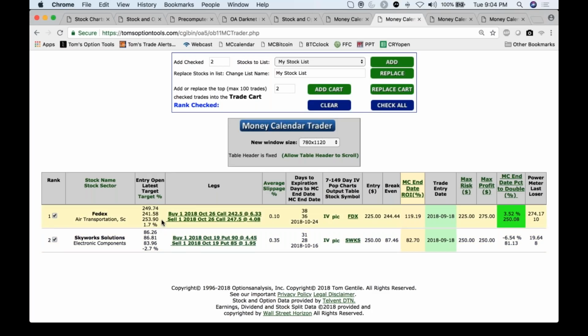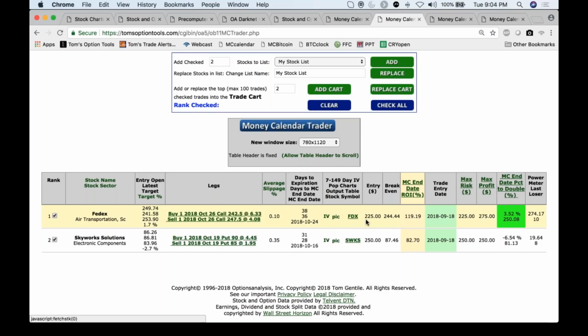It shows you the latest open, the target percentage based on the money calendar, the trade example, the slippage on that trade example. It shows you the days to expiration, the days to the money calendar end date. That's the last date in the pattern. You can get IV on FedEx.